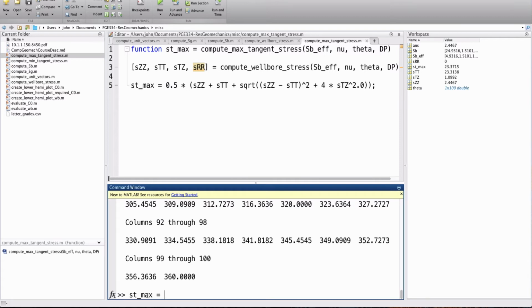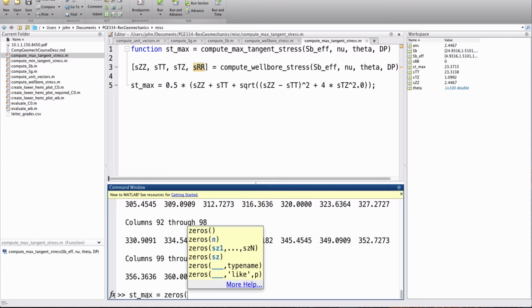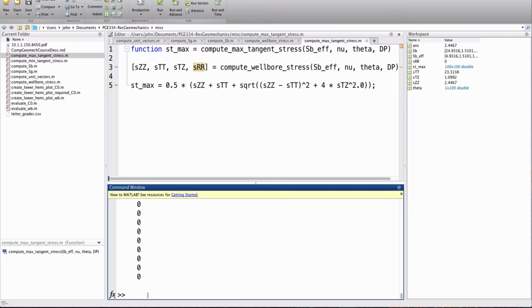ST max we will initialize to be zeros, also 100. Okay. And then what we can do is a little for loop.